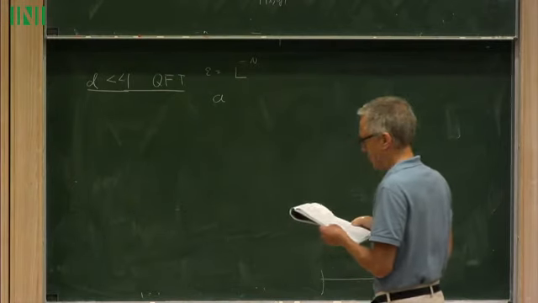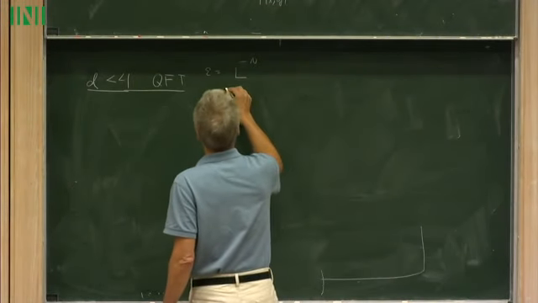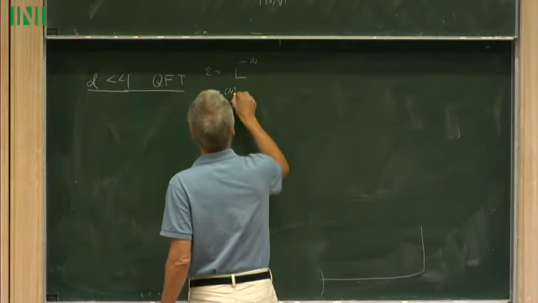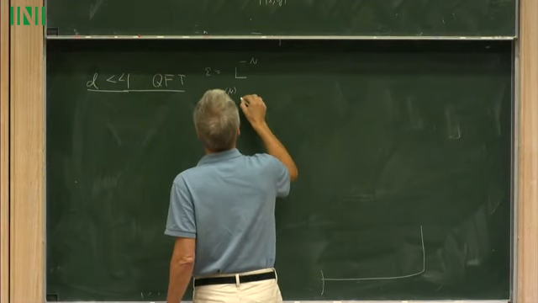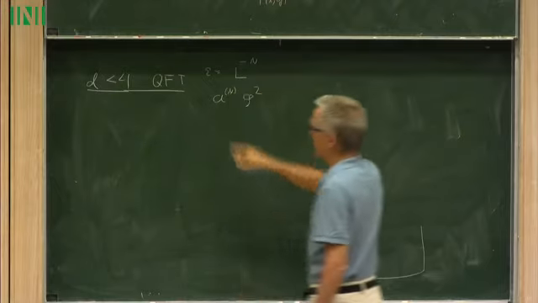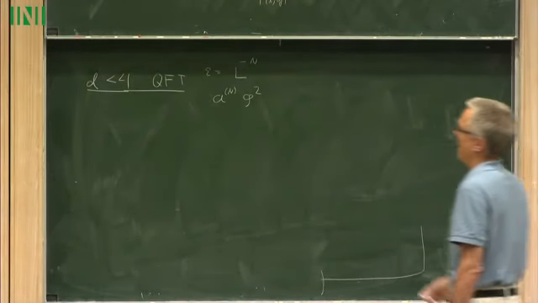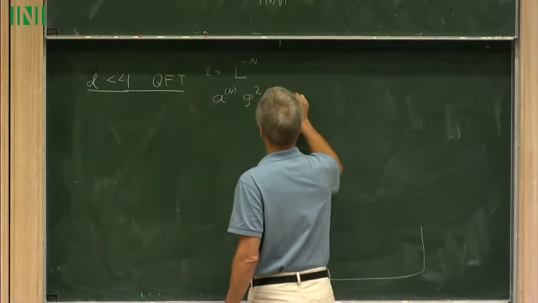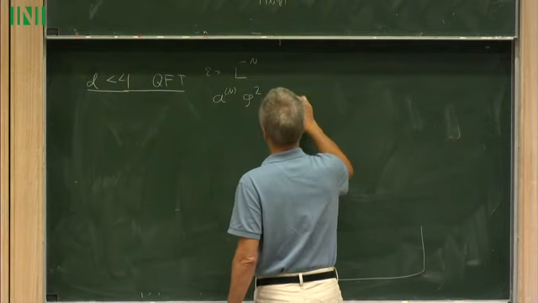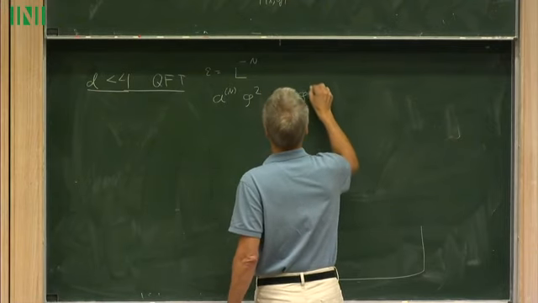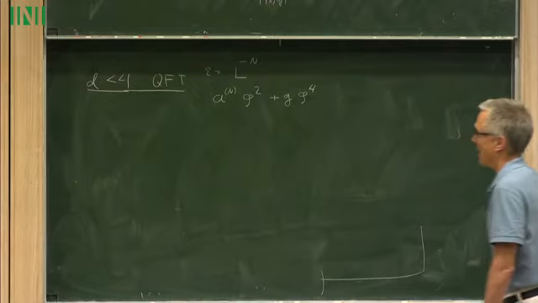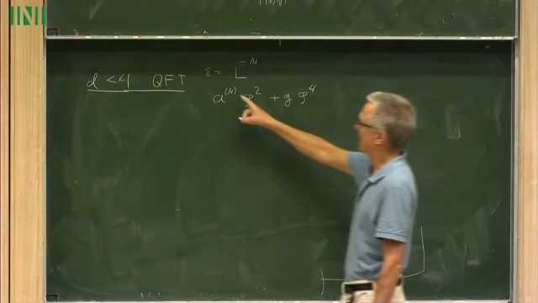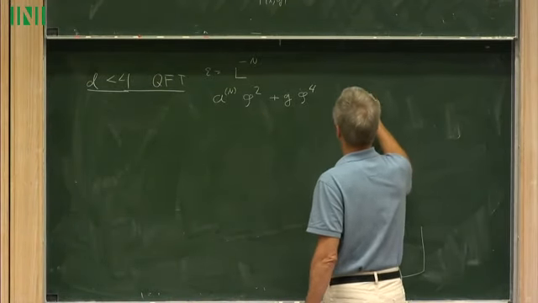Then we were supposed to look at some mass term times phi squared, which might depend on the cutoff, and then something which we believe didn't depend on the cutoff, namely the coupling constant. And then we wanted to find this so that the continuum limit exists.